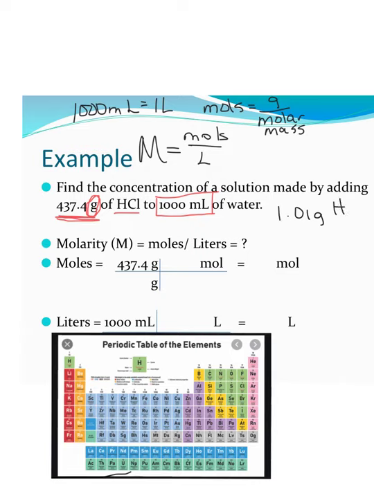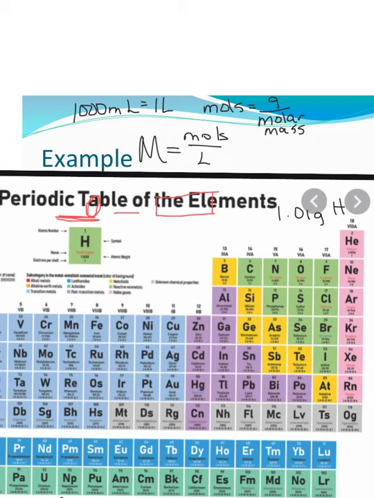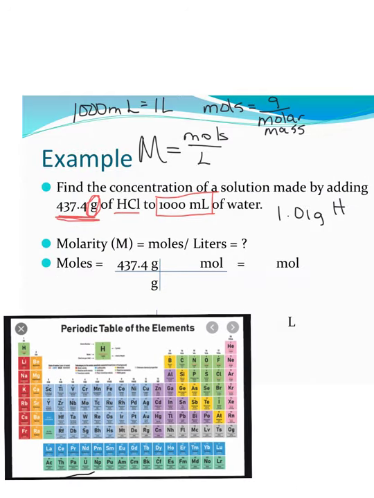We have only one hydrogen in our formula. And then the second element that we have is chlorine over here. It's kind of hard to see, but it's 35.45 grams for chlorine. And we have only one.